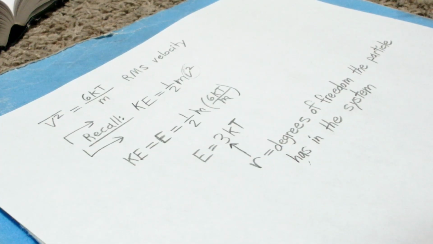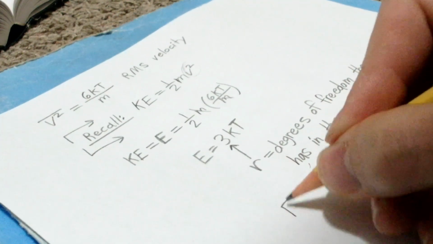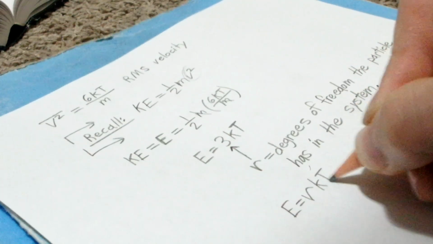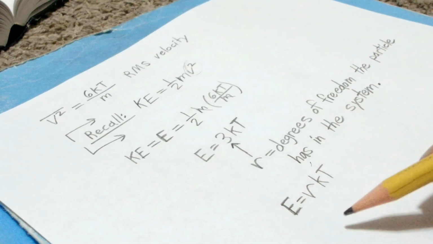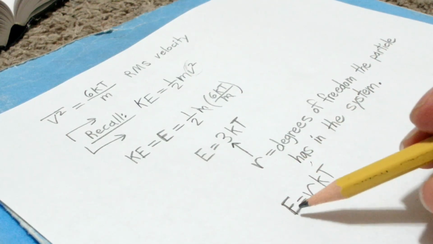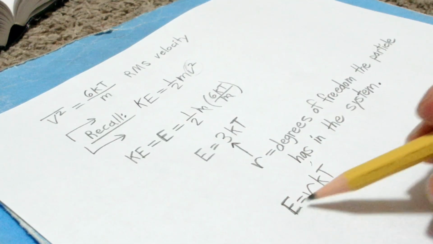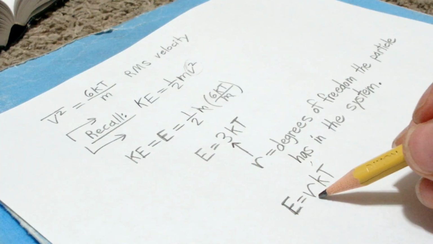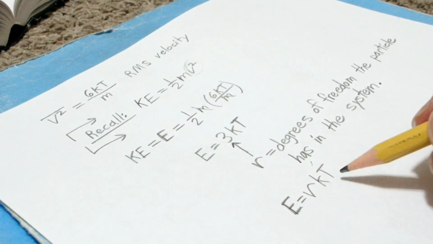So we can write this into a more general form, where the energy of a given particle in some system is related to the number of degrees of freedom the particle has times the Boltzmann constant times the temperature.